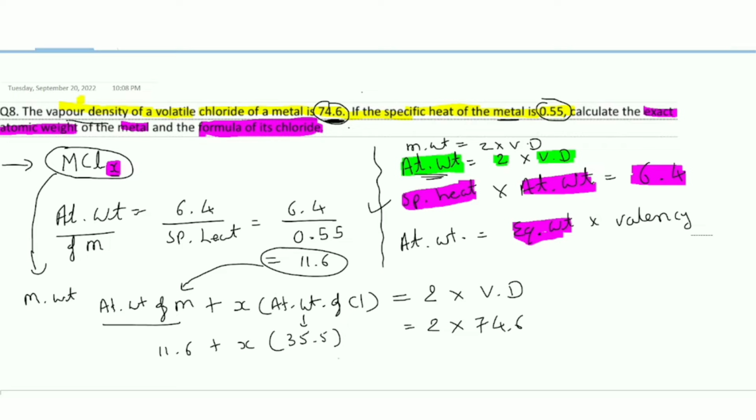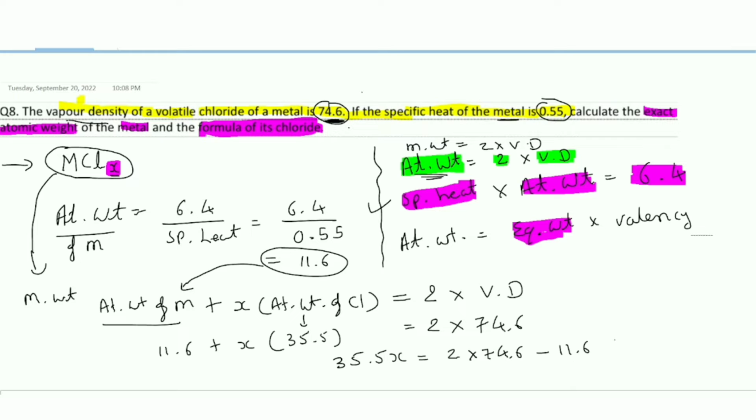So we have 35.5x is equal to 2 into 74.6 minus 11.6.